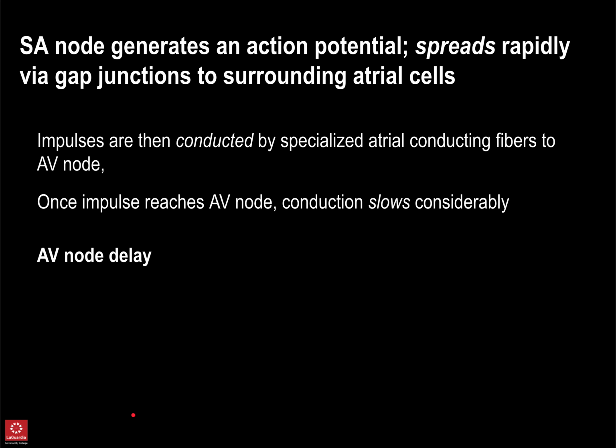First, there's a low number of gap junctions between the AV node cells, and second, there's a non-conducting fibroskeleton that surrounds the AV node. This slow conduction, known as the AV node delay, generally lasts about 0.13 seconds, and this allows the atria to depolarize and contract before the ventricles, giving the ventricles time to fill with blood.